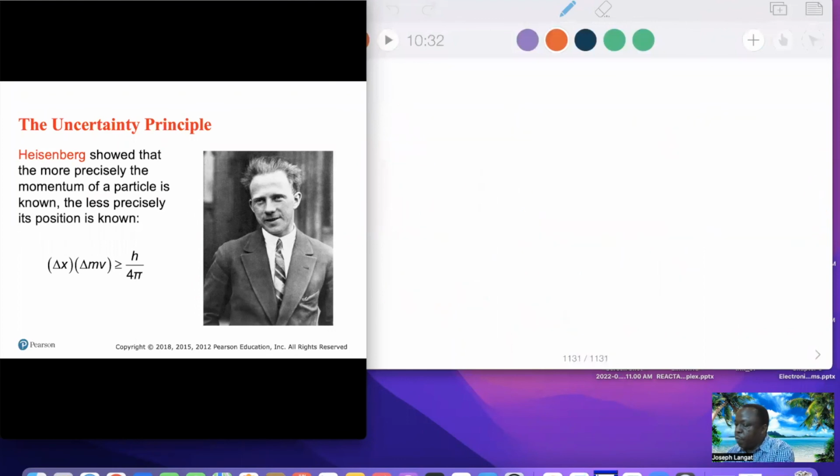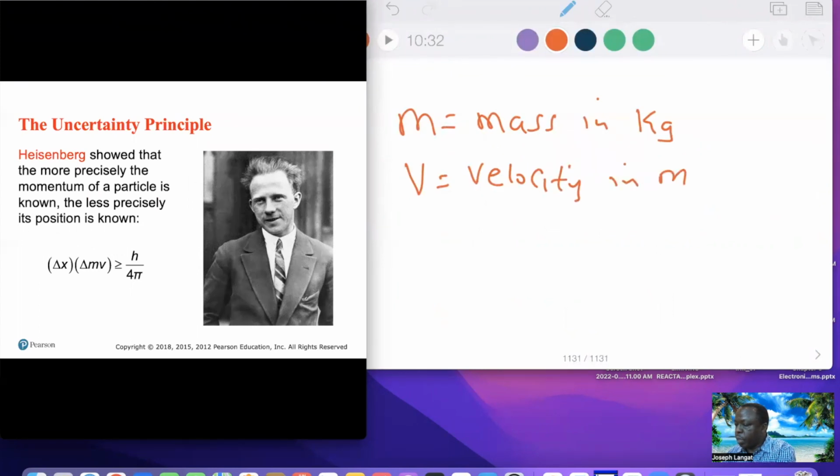And just like before, m is mass in kilogram, and this is velocity in meters per second.